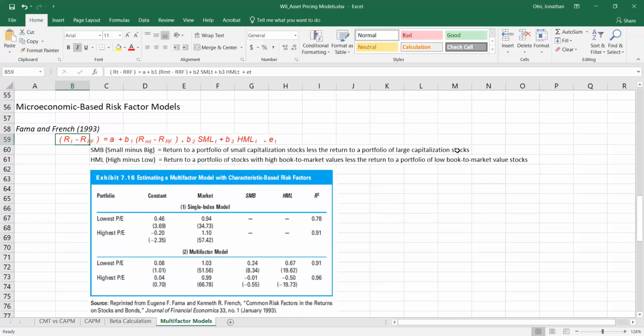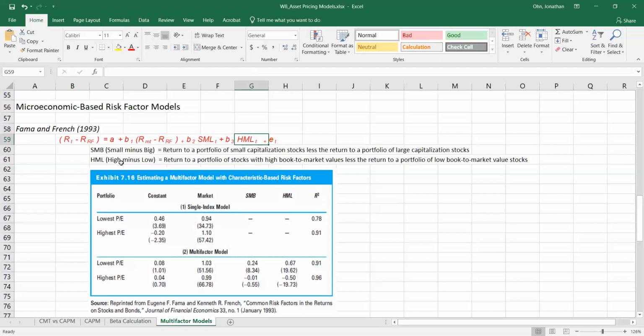In the efficient market hypothesis, the size variable was identified as a potential risk factor, in chapter 5. And there was another risk factor there, the book to market ratio.